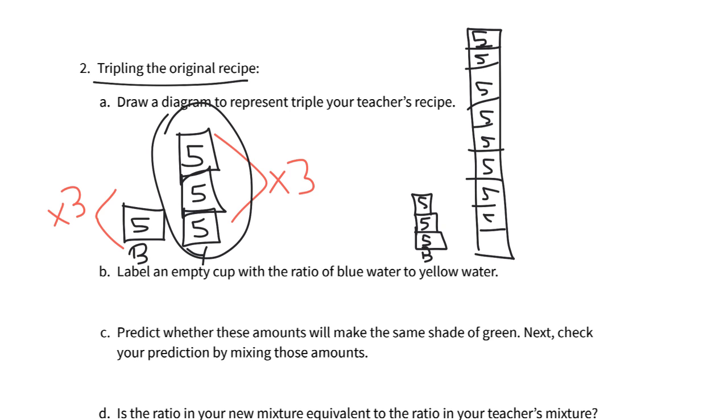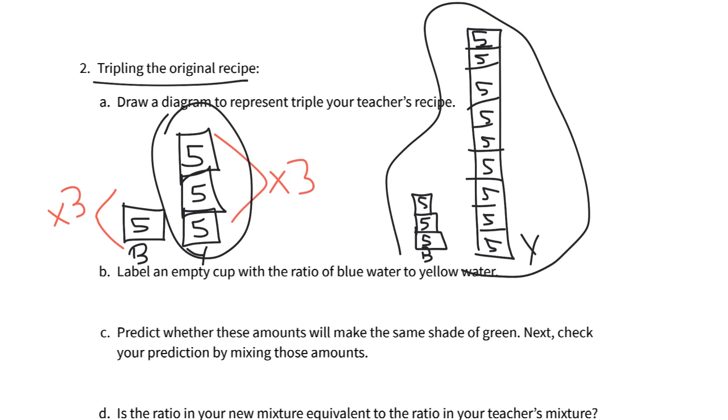And that's the yellow. So this is what our recipe would look like if we tripled it. We would end up with 15 milliliters of blue, and we would end up with 45 milliliters of yellow.